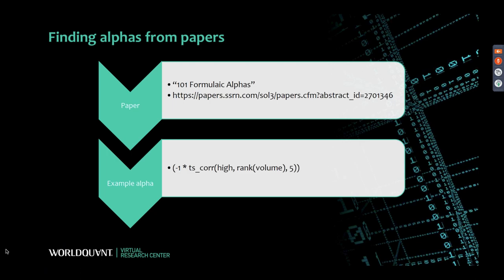And the idea of the alpha is, I believe we're just looking at increasing volume. So if we have a week where the volume goes up, so the rank of volume is high for this specific stock, or increasing, and with increasing volume the price also moves up, we get a high correlation between those 2 time series.